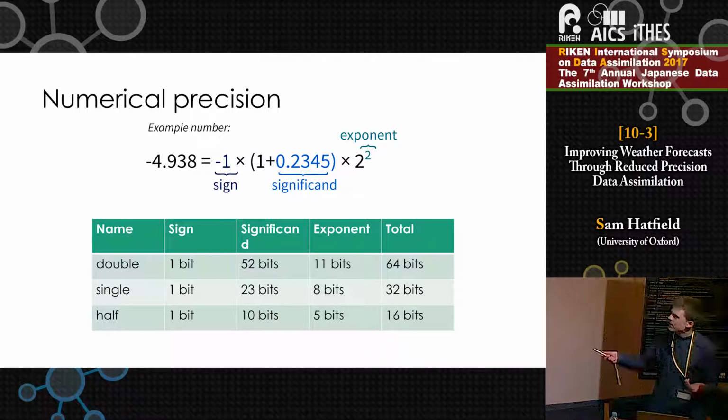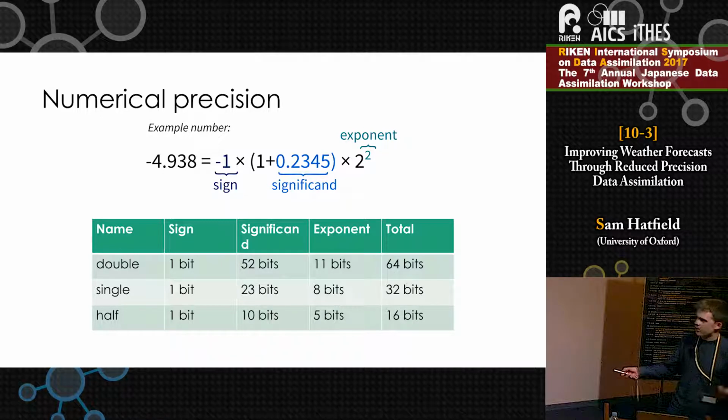So you can see they're basically stored using scientific notation. And this shows how the bits are allocated to each one of these components. So for example, double precision floating point numbers have 52 significand bits. And the significand basically determines the leading digits of the number. And that's where most of the bits are allocated. So if we want to reduce precision, that's a good place to start.